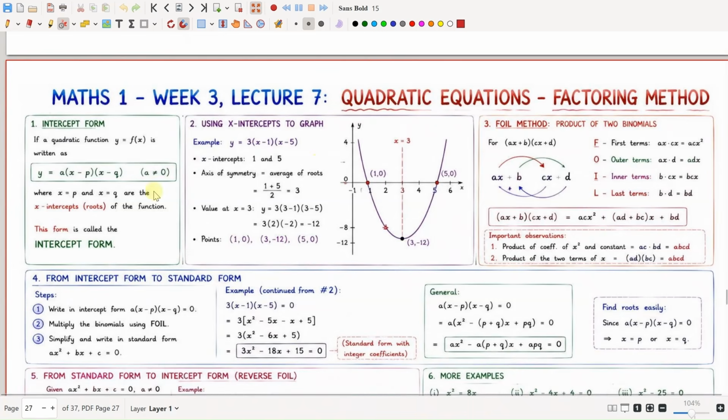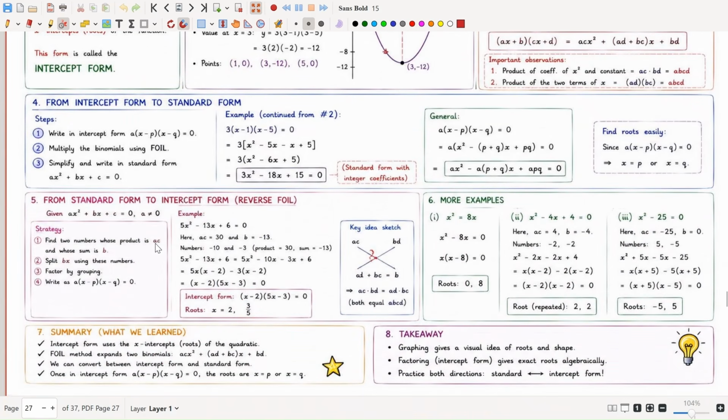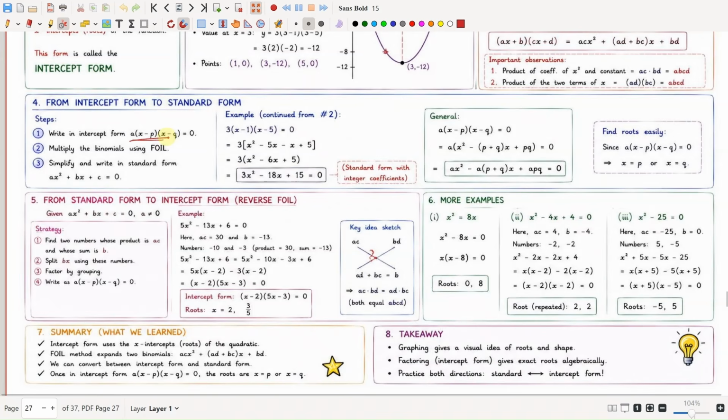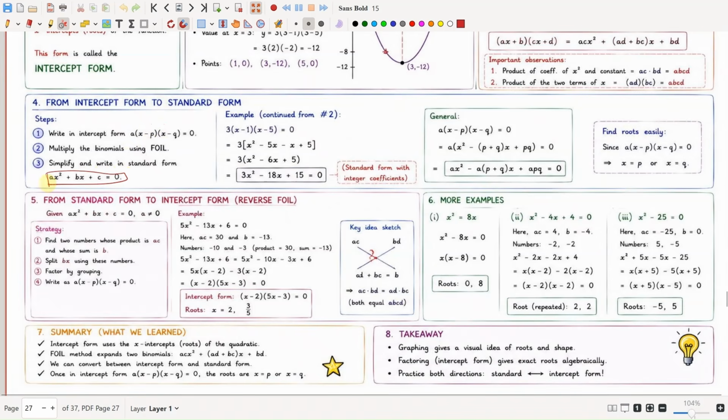Okay, and then we will be having some intercept to standard form. How do we convert from intercept to standard form? So we write it in the intercept form, and we are going to use the FOIL method to find the product of these two things. Then we will simplify and write it in the quadratic standard form. Okay, quadratic standard equation.